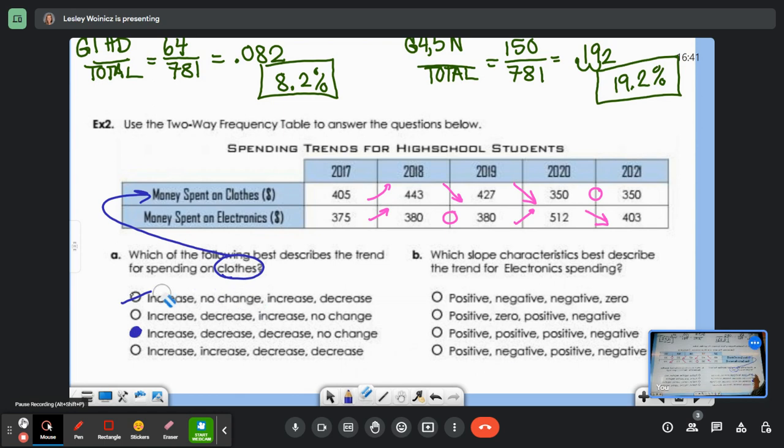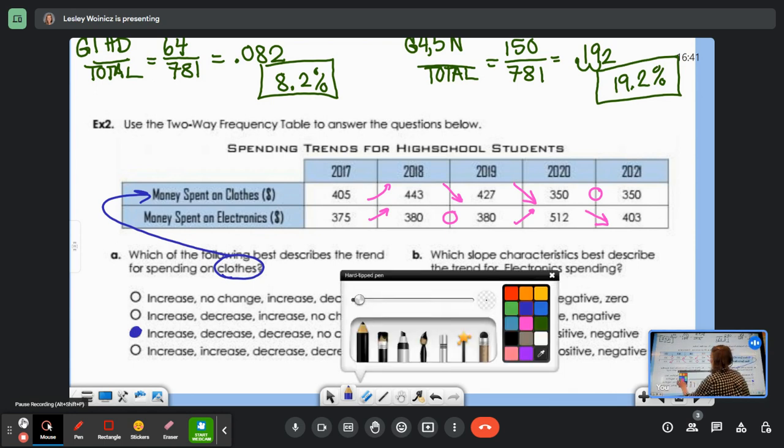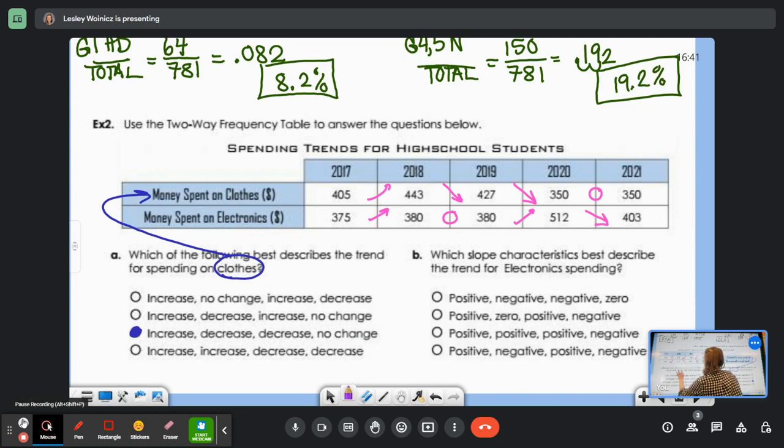This looks messy. Okay, for part B, it says, which slope characteristics best describe the trend for electronics? So now I'm looking at my electronics. So if I have an increase, that's also positive, right?